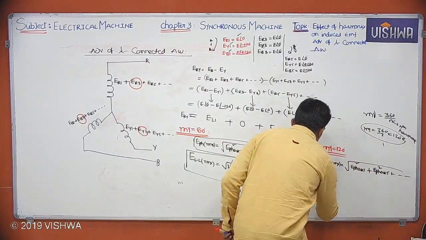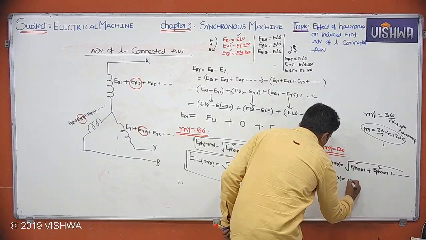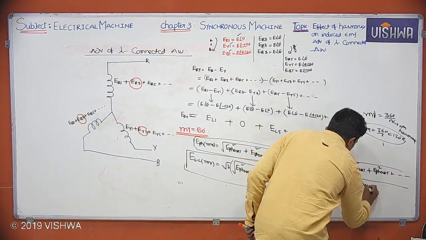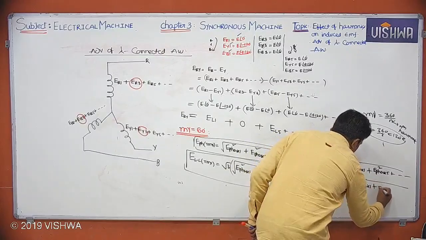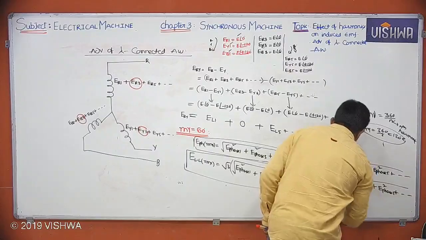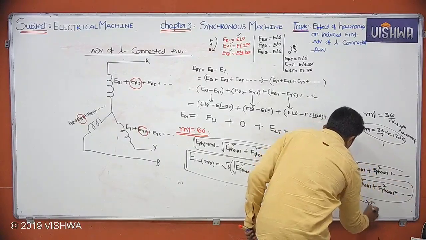Now what about line? E line to line RMS equals root 3 into square root of E phase 1 square plus E phase 5 square plus and so on. Let me take this value as equation number 2.